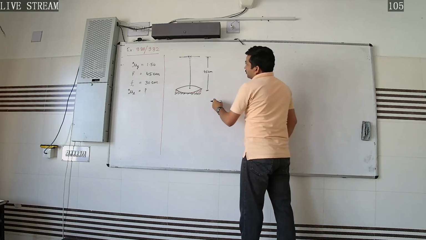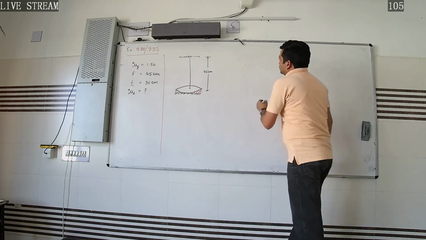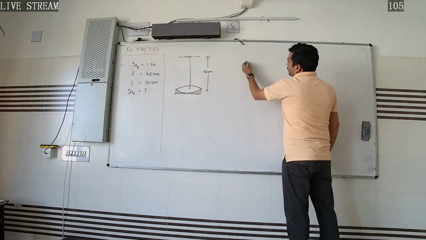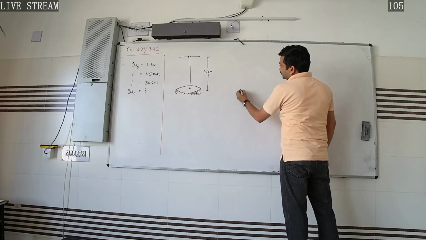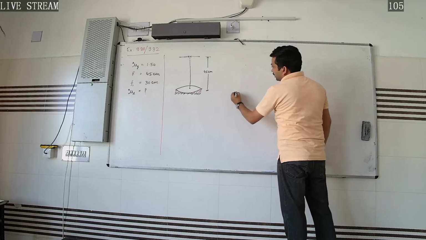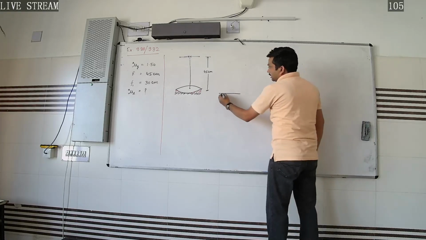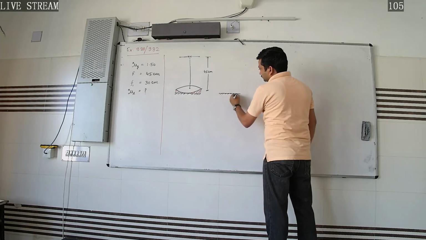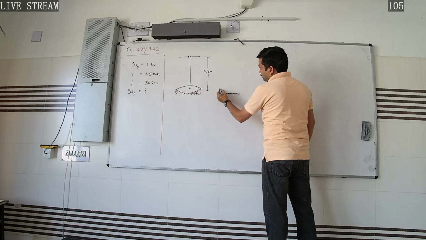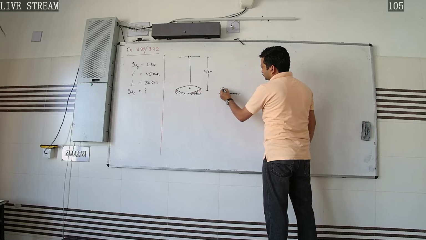And what about case number 2? In case 2, the liquid is removed, and again the needle is moved and the parallax is removed.